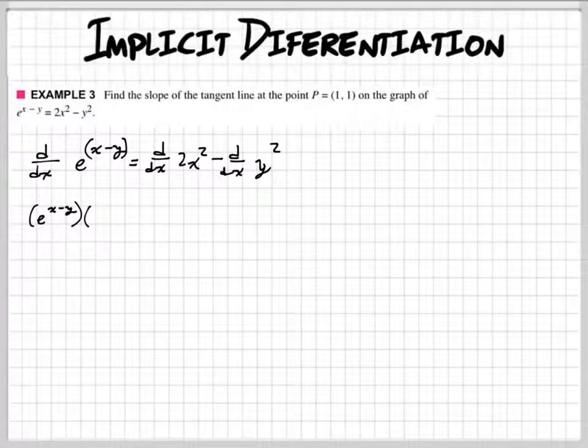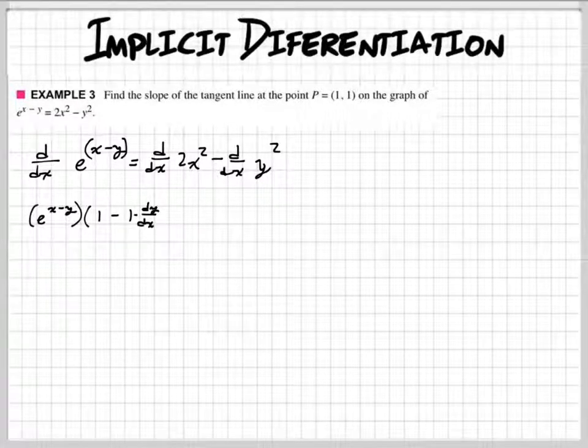So we have the derivative of x, which is just 1, minus the derivative of y. The derivative of y is just 1, but then you have to multiply it times dy over dx. You can write dy over dx, or you can write y prime.